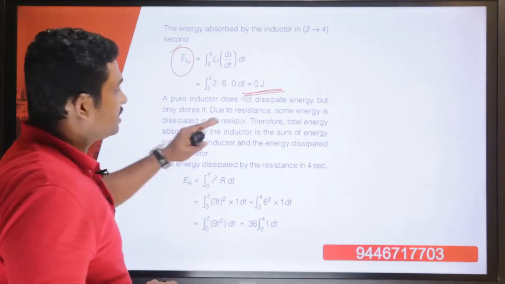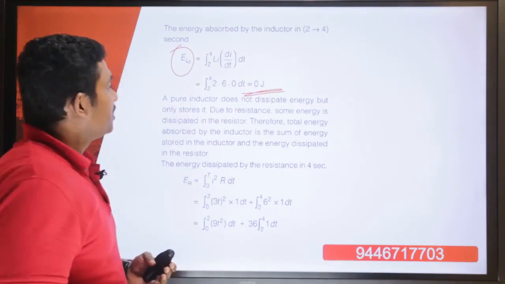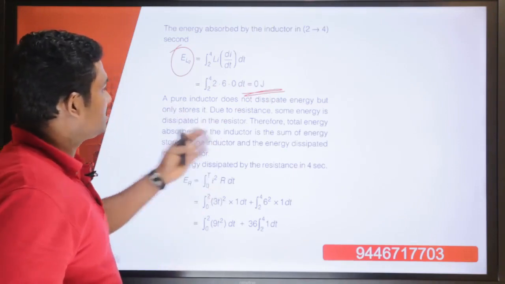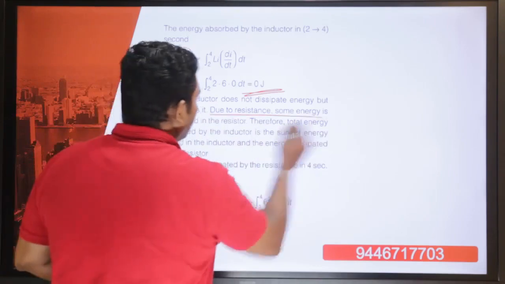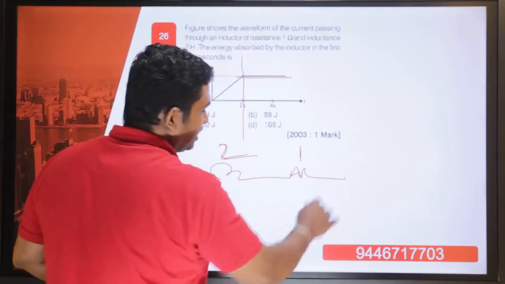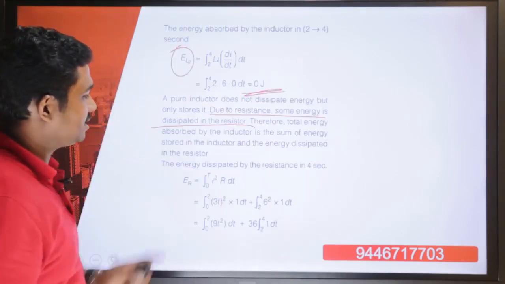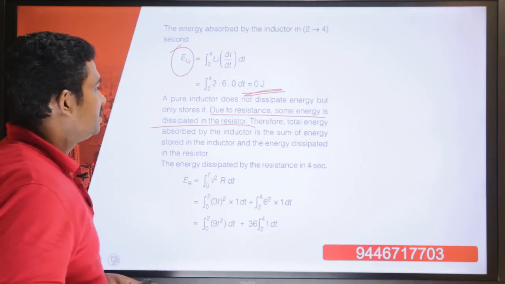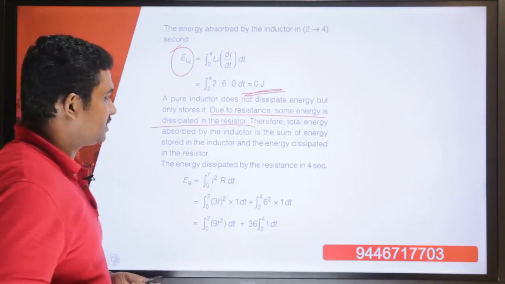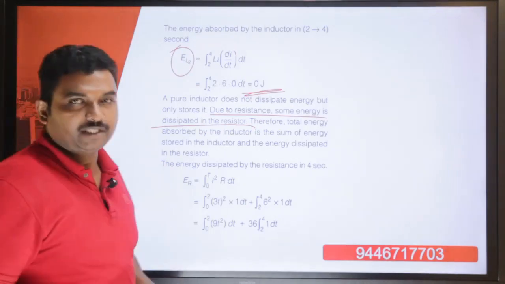Now a pure inductor does not dissipate energy but only stores energy. Due to resistance, some energy is dissipated in the resistor, which is in series with the inductor, and the value of the resistance is 1 ohm. Therefore, total energy absorbed by the inductor is the sum of energy stored in the inductor and the energy dissipated in the resistor.